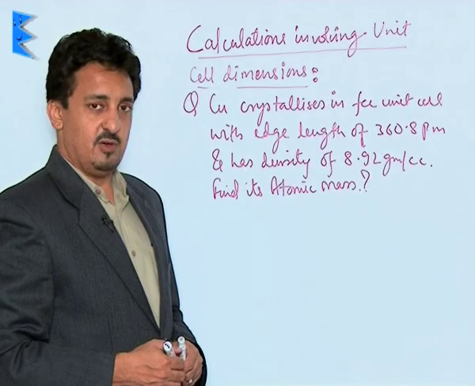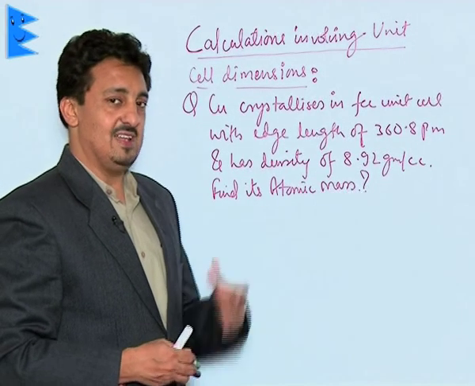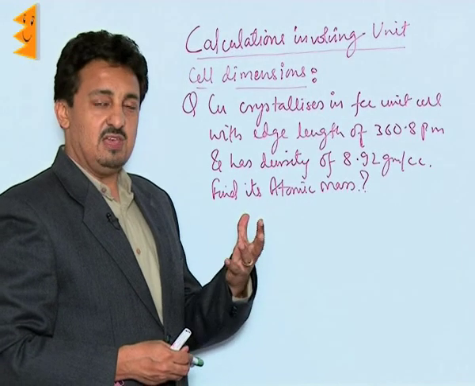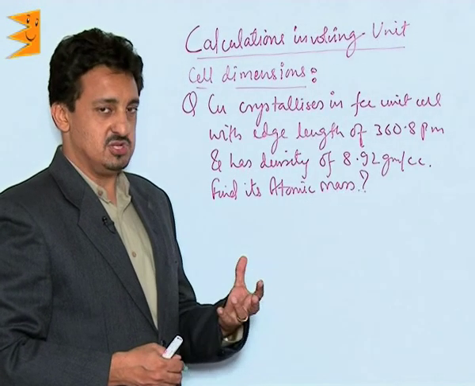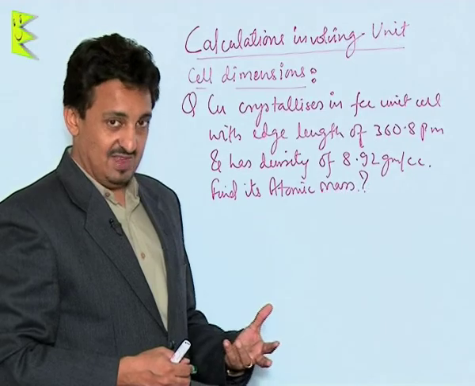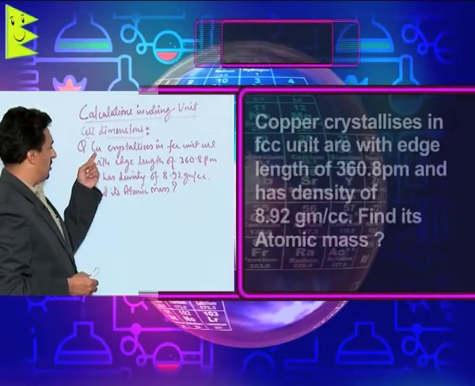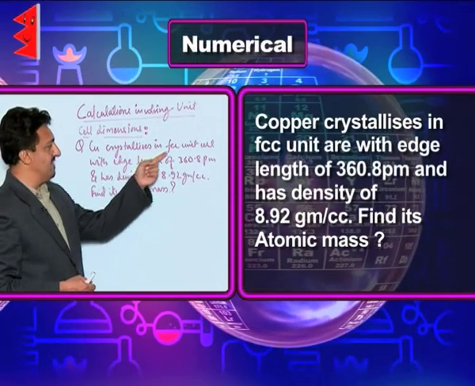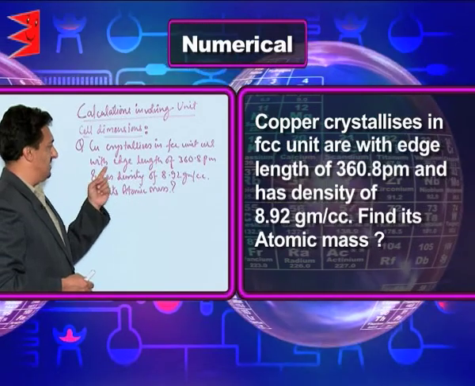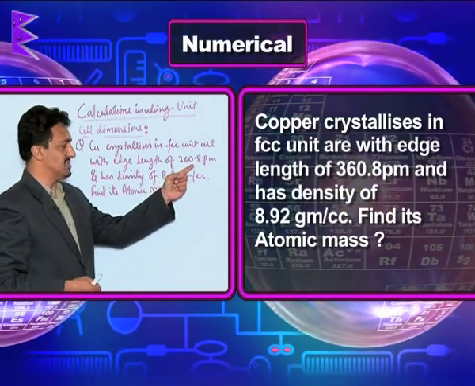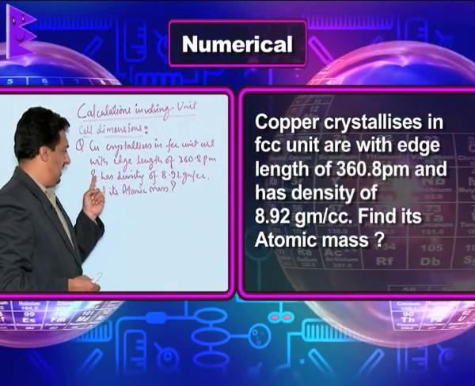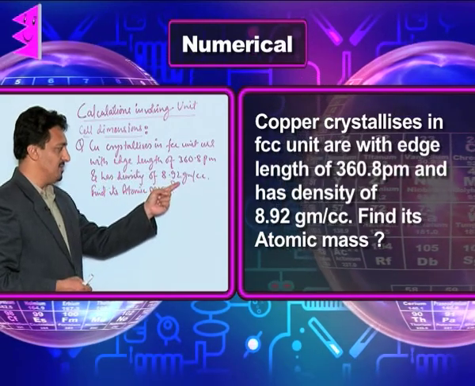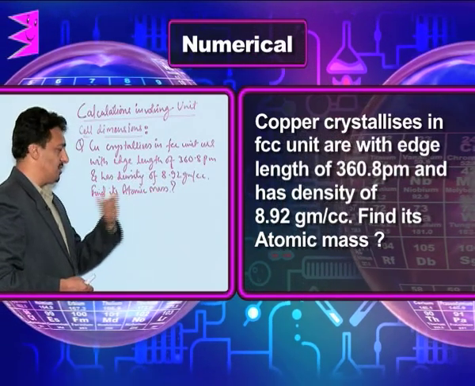Let us see another numerical to understand how we can find out valuable information regarding the dimensions of a unit cell from a density numerical. Copper crystallizes in an FCC unit cell with an edge length of 360.8 picometer and has a density of 8.92 gram per cc. Find its atomic mass.